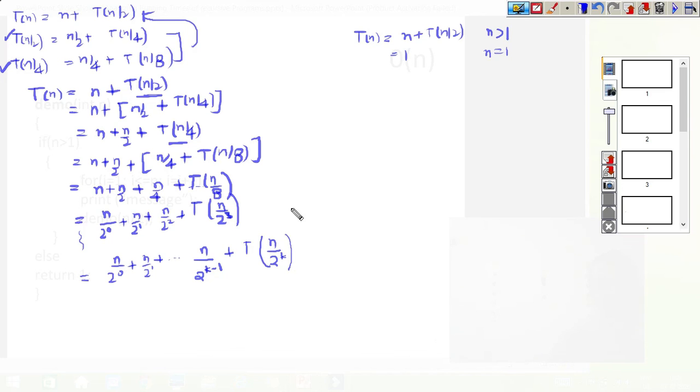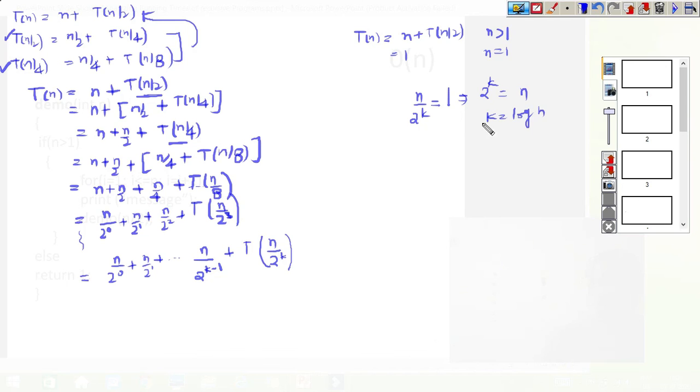So this is our generic term, and we need to find out at which point this is going to stop, and this is going to stop when this recursive term is going to become 1. So when n/2^k equals 1, that means 2^k equals n, or you can say k equals log n.